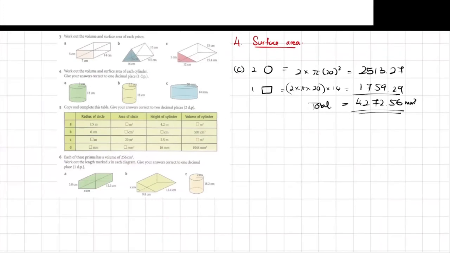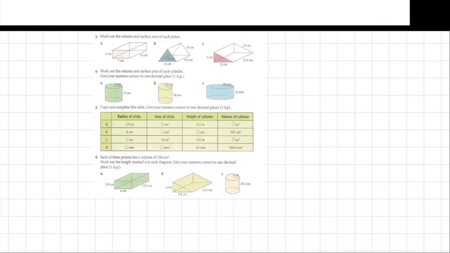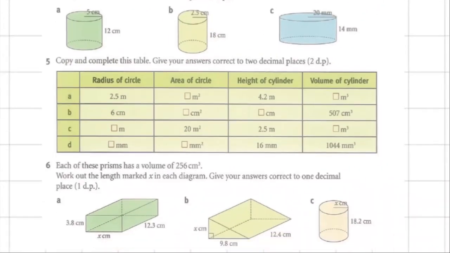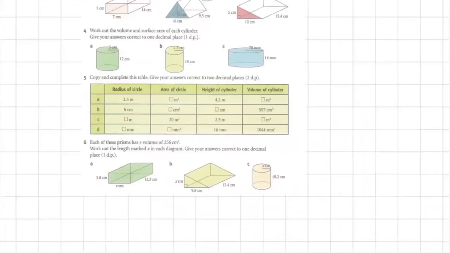All right. Now let's look at number 5. Copy and complete this table. Give your answer correct to 2 decimal places. So radius of circle, area of circle is quite easy. So let's just find out.